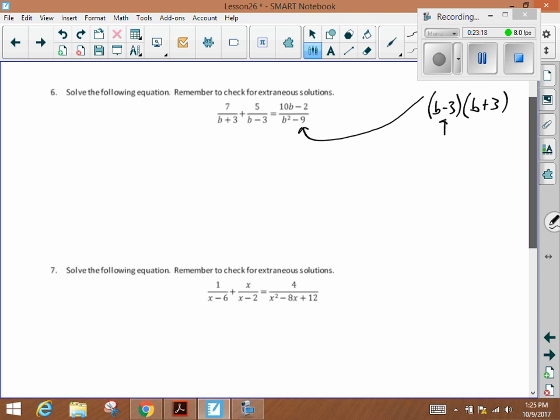That right there, same as that. b plus 3, also right there, right? So that must mean that my common denominator is actually b minus 3 times b plus 3. That's awesome. Fantastic.